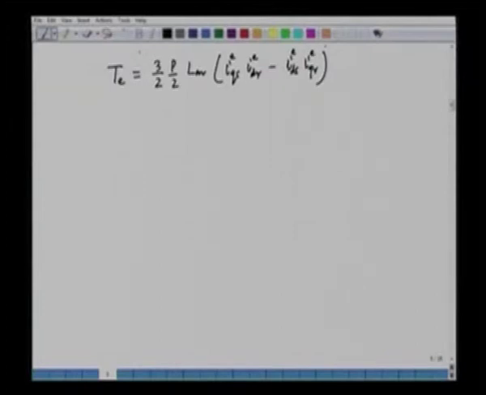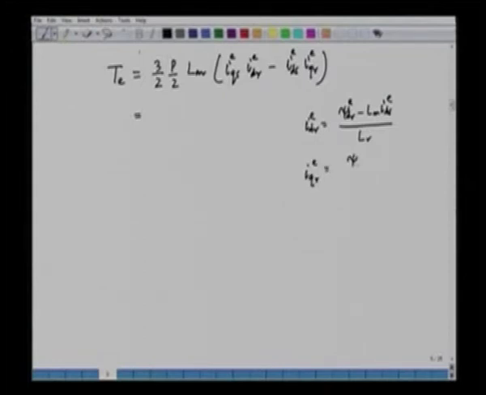So this is the torque equation of an induction motor. And we can further simplify this. What we will do here is replace this IDR by psi dr minus Lm into IDS by Lr, and similarly we can substitute for IQR.